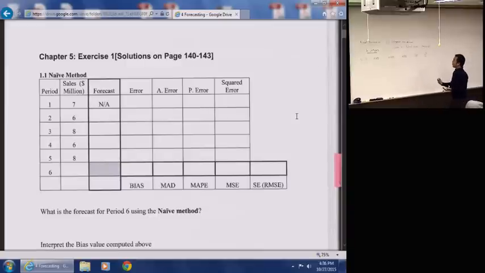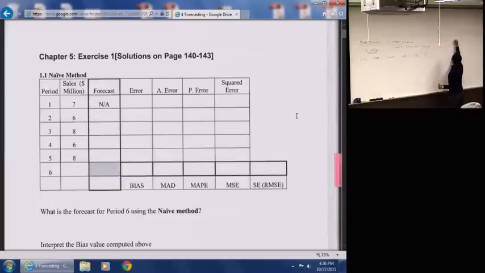If the error is positive, it means the actual value is bigger than the predicted value. Does that mean it's underestimated or overestimated? If error is positive, it's underestimated, because the actual value is bigger than the prediction. You predicted lower than it should be.